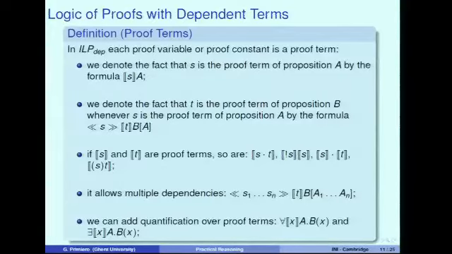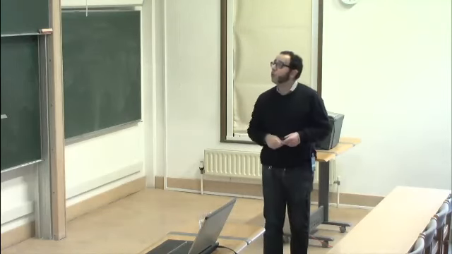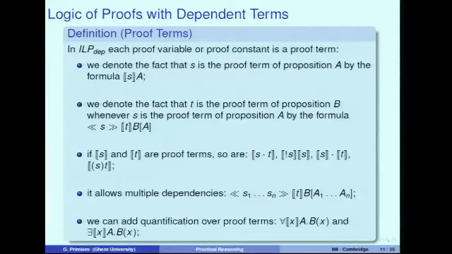So how do we extend the language? The idea is that we keep, of course, the first reading of the standard formula. So we denote the fact that S is the proof term of proposition A by the formula box S A. And then we add a new formula, angle bracket S bracket T B A. This expresses the fact that T is a proof term of proposition B whenever S is the proof term for proposition A, and we extend the proof terms accordingly.